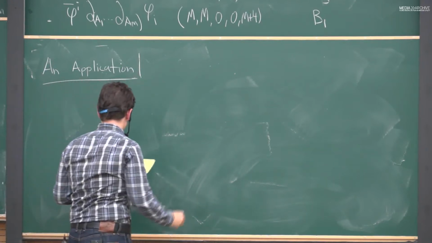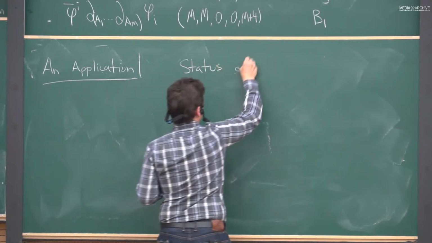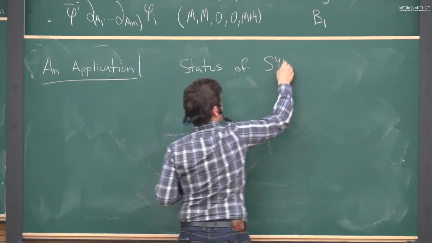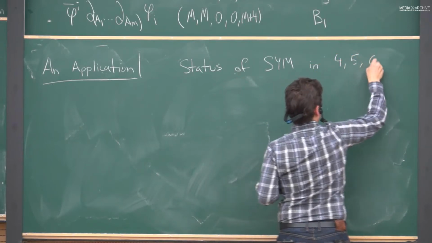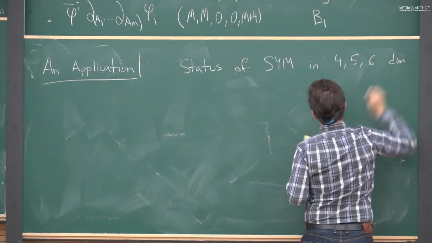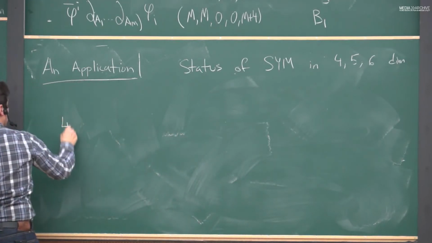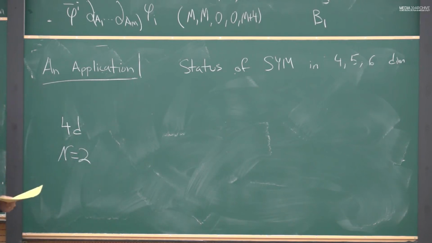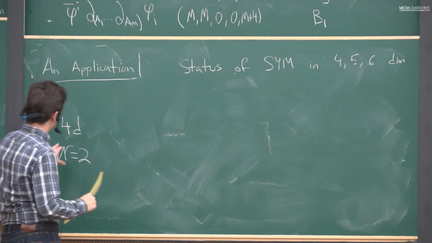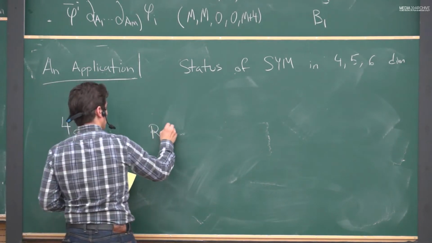So let's consider the status of super Yang-Mills in 4, 5, and 6 dimensions. 4D, let's say N=2. I'm just talking about pure super Yang-Mills for the moment. We know that this is a UV complete field theory on its own, and you can think of it as an RG flow.